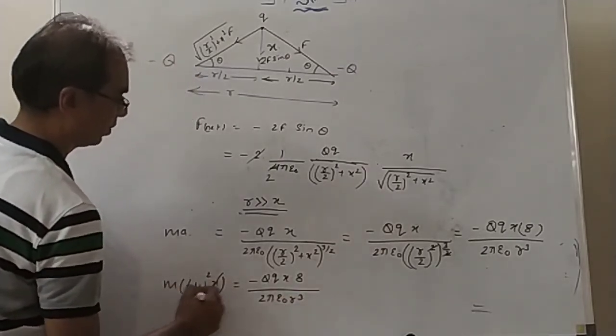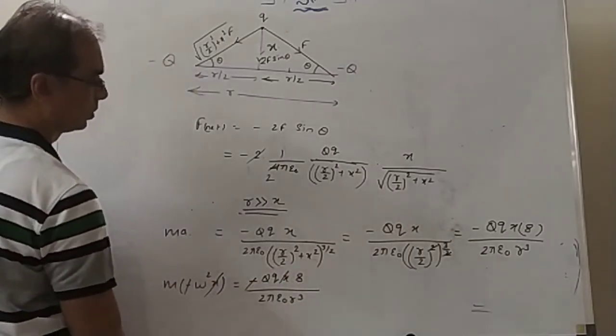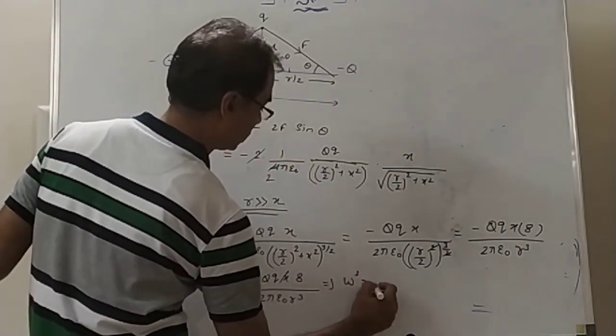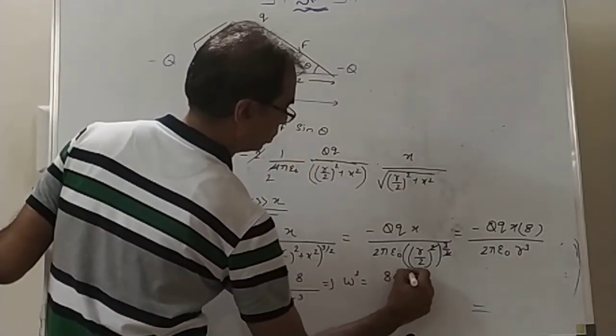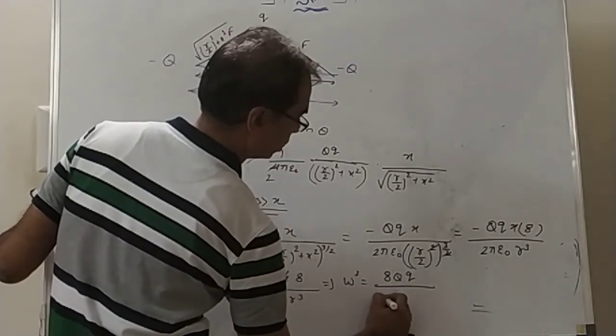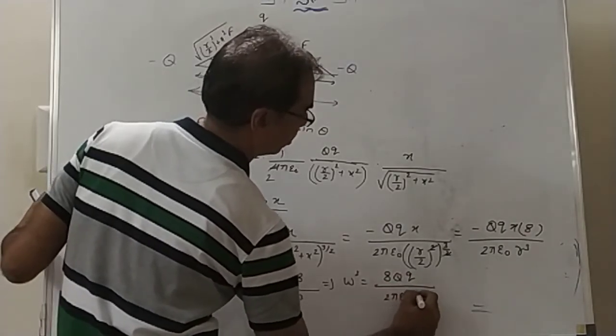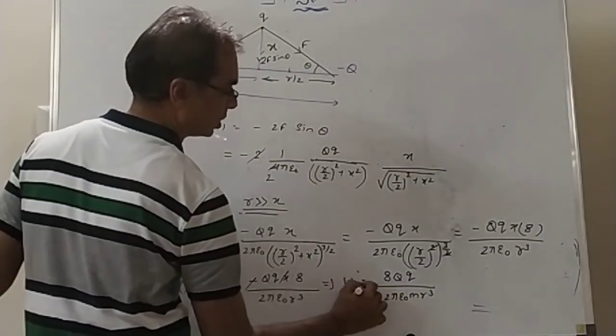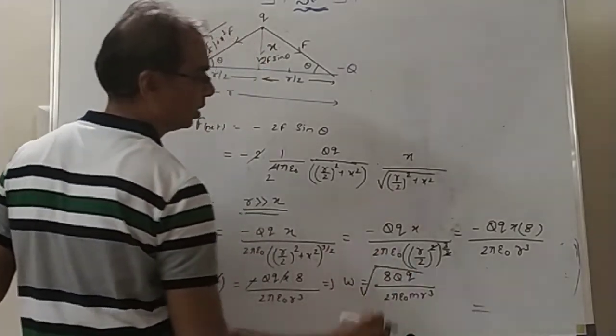So x and negative cancelled here. Okay, we got omega value. So omega square is 8q by 2 pi epsilon naught m r cube. This is omega square. So omega value is this. We got angular frequency.